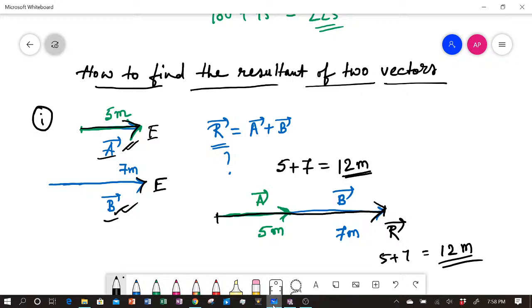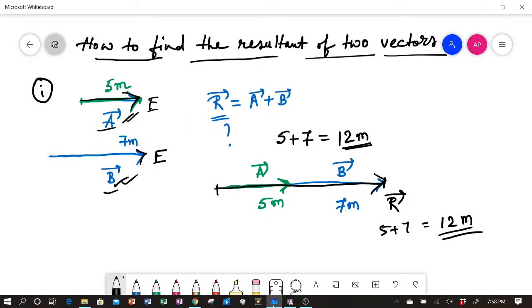Yes, Muskan, it is 12 meter. The internet is very bad today for some time. Guys, is it clear? Should I proceed? Okay, I think I should proceed to the next point.